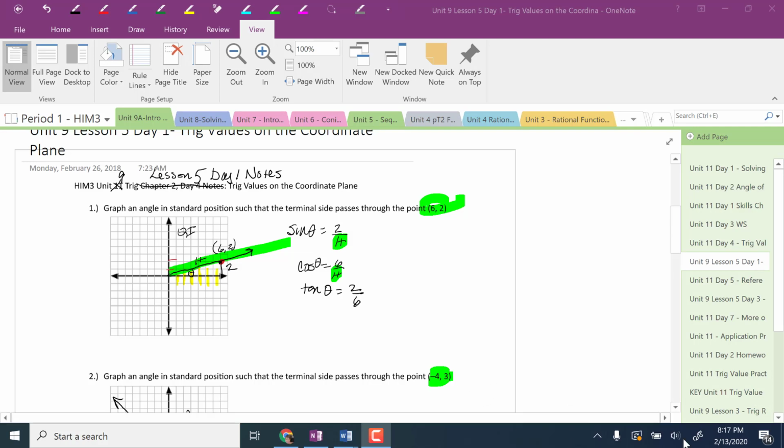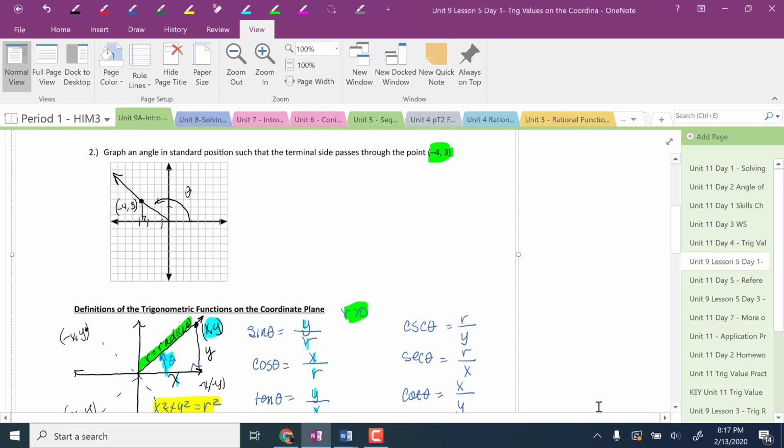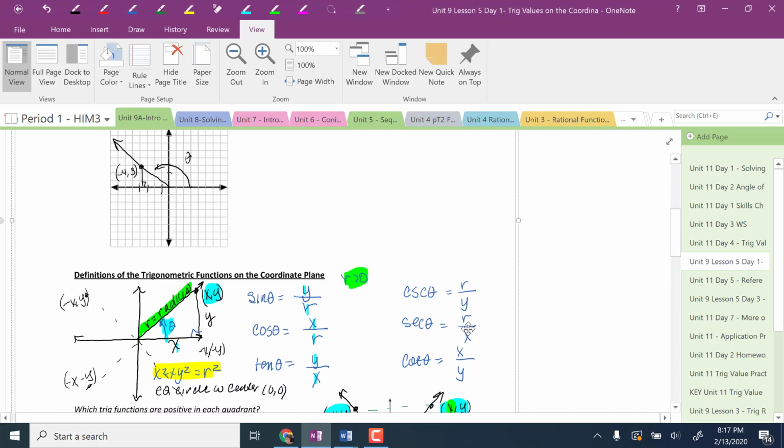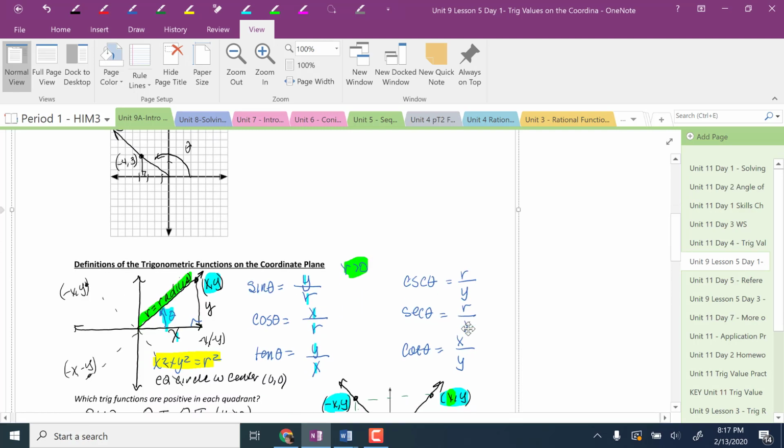If I look at the next one, I need to go through the point (-4, 3), which means now I'm going to have an angle that maps into the second quadrant. Again, I could bring down that perpendicular and put in an angle in that right triangle and calculate my 6 trig ratios.